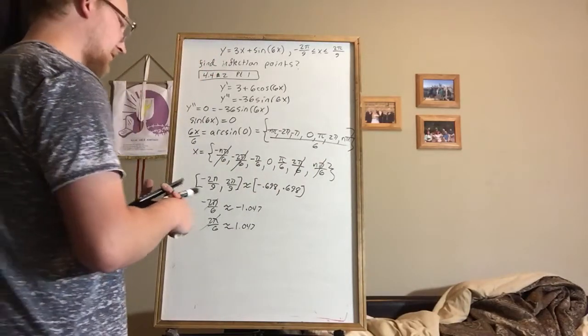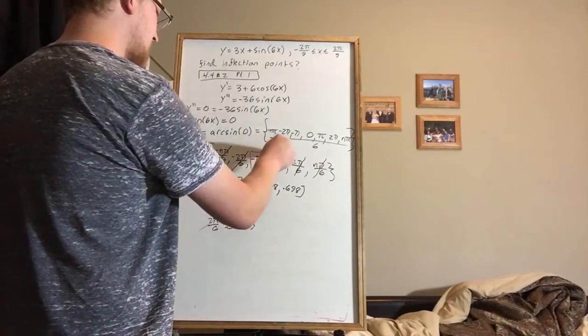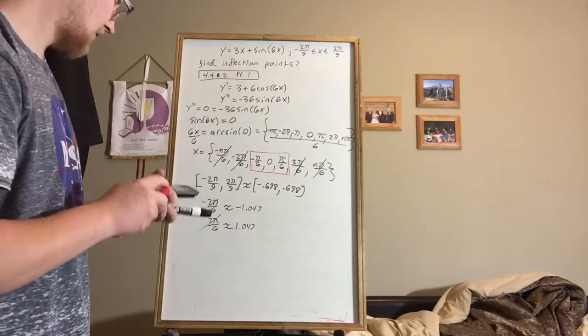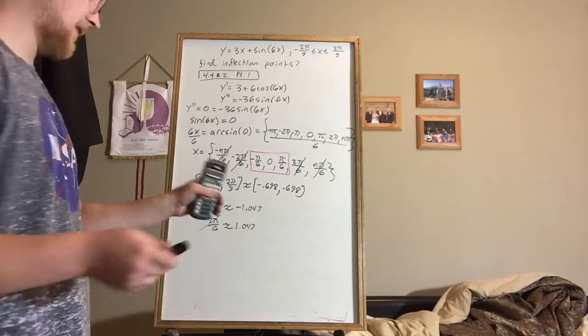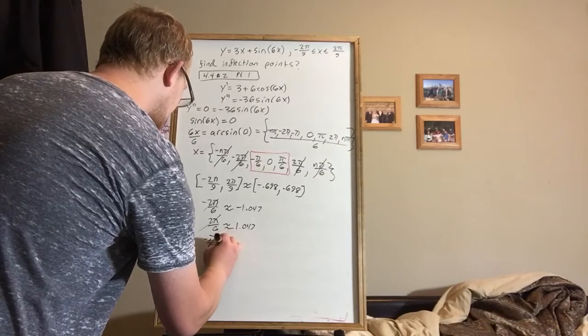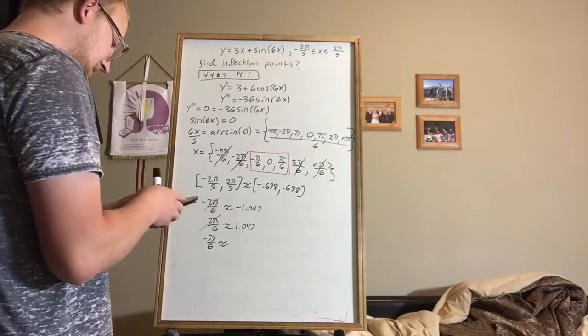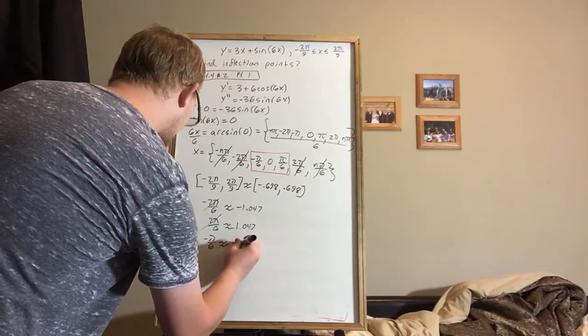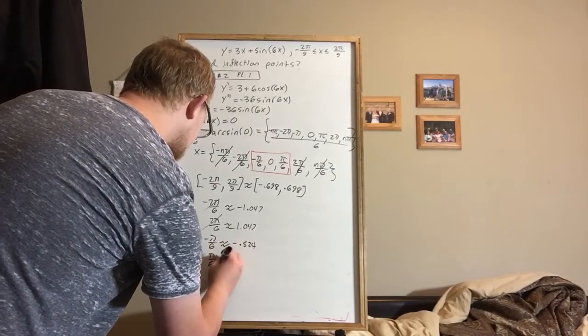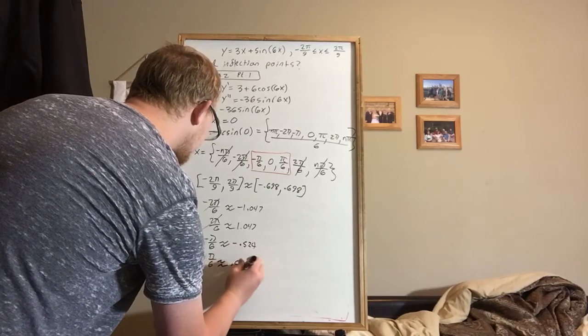So now we're left with 3 possible x values that fit within our interval. Although we haven't proved that yet, let's prove that real quick. If I take negative pi sixths, that's negative 0.524, and likewise pi sixths is approximately 0.524.